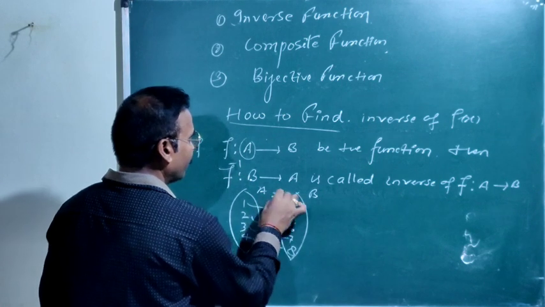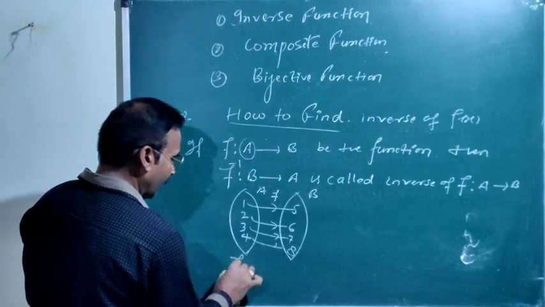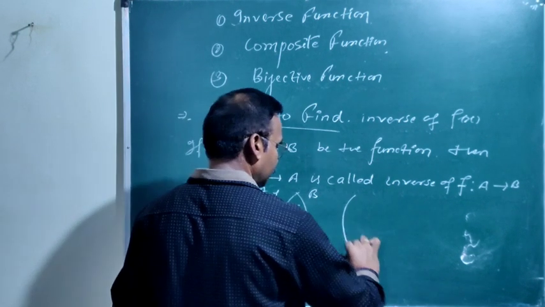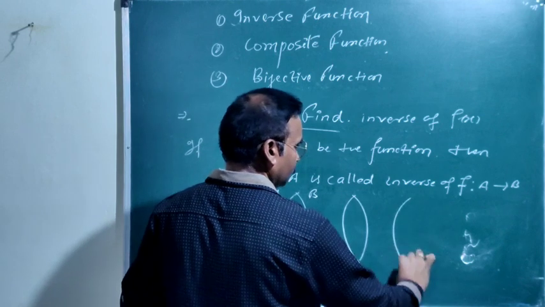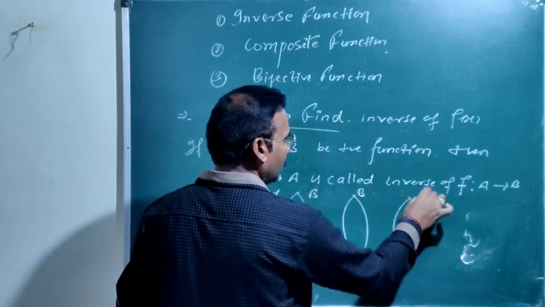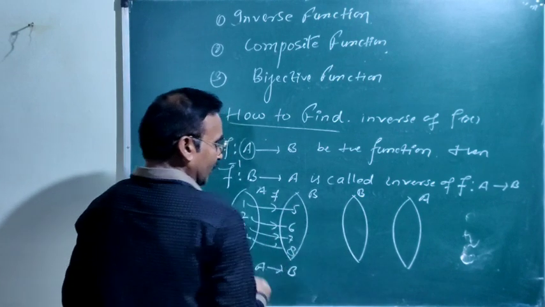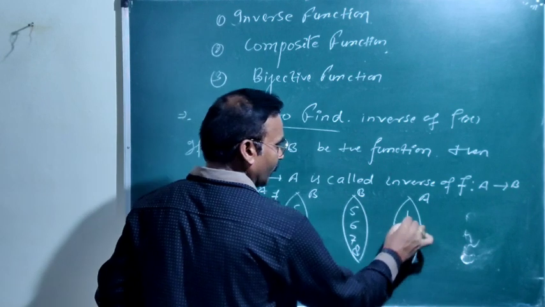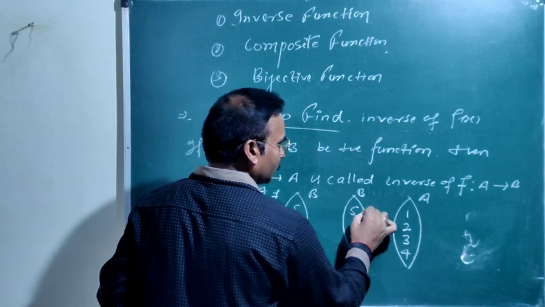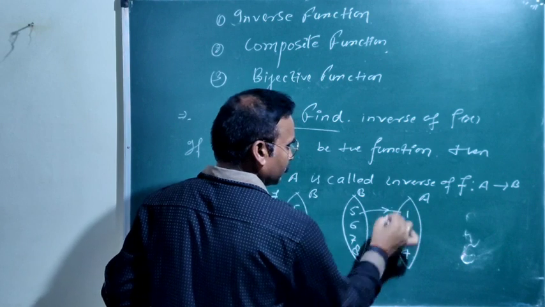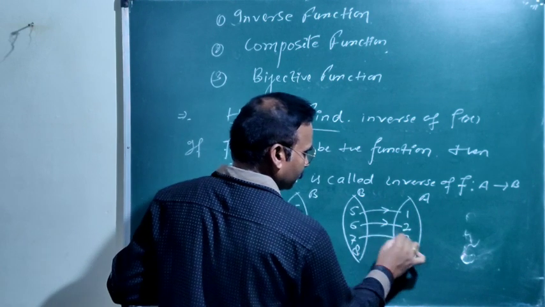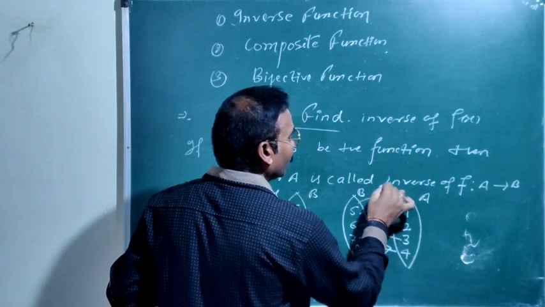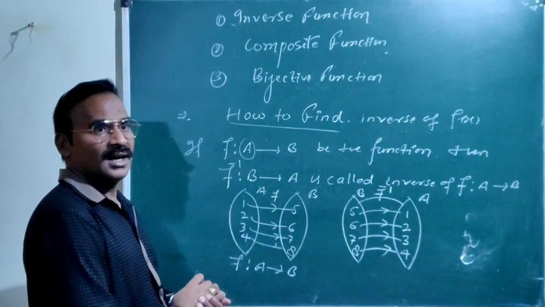This is the function f from A to B. Now for B to A, what are the elements of B? 5 6 7 8, and A is 1 2 3 4. This is f inverse.